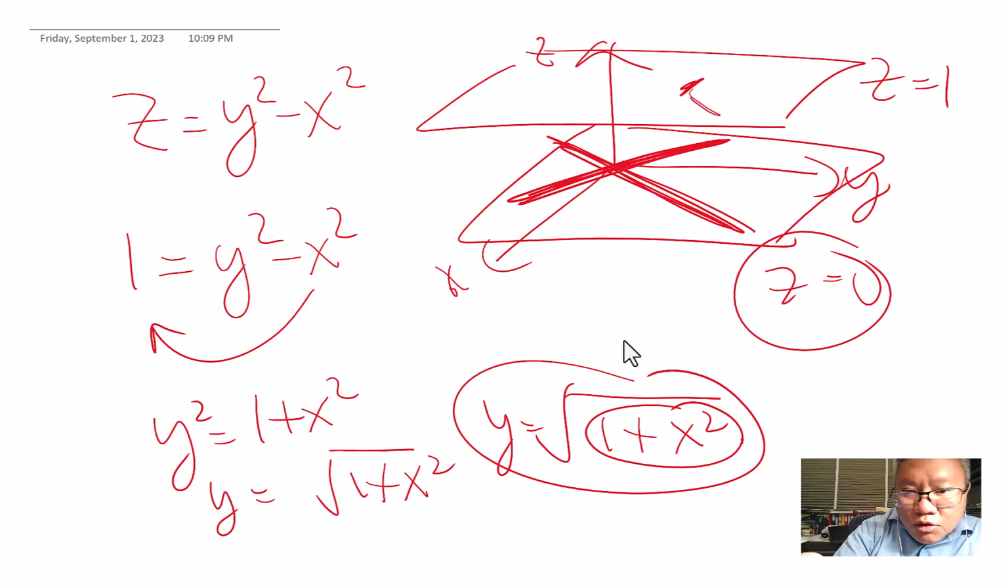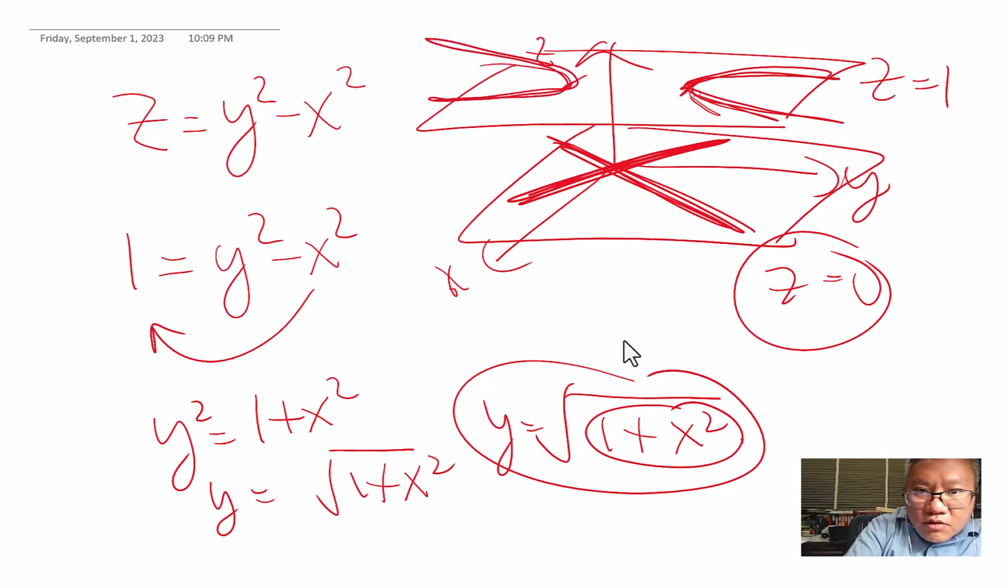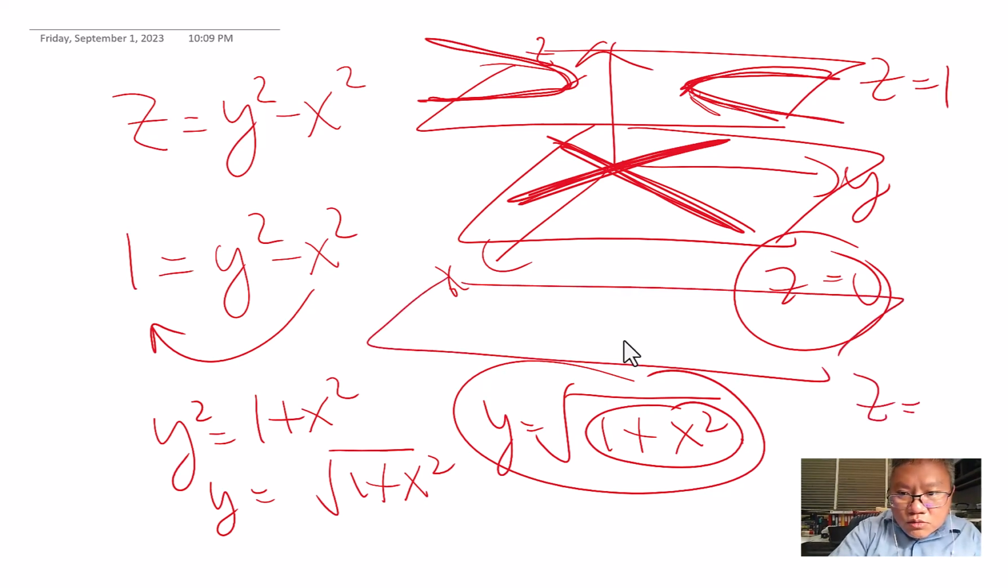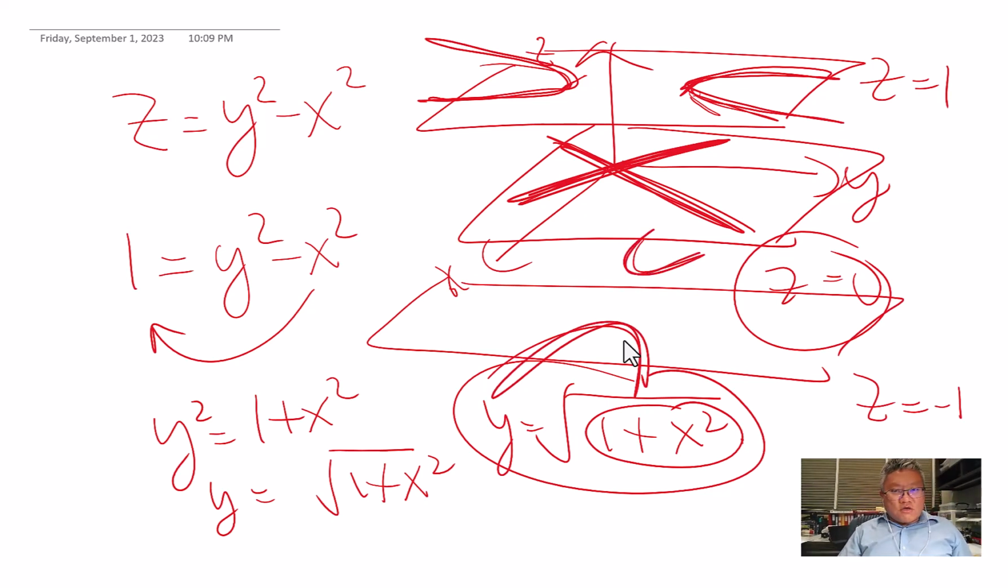Between 0 and 1, you can't have it. So it's going to be something like this. The other part, you can go from the negative side to the other side, you have something like that. Does that make sense? So if you do a cross section on top, you get something like this. If you do a cross section, let's say z equals negative 1, you actually will get something like that. So the horizontal cross sections give you weird stuff.